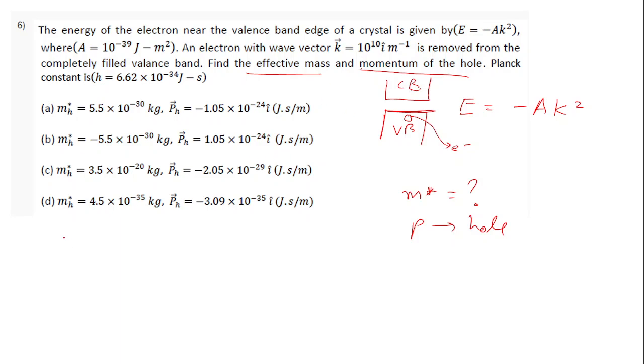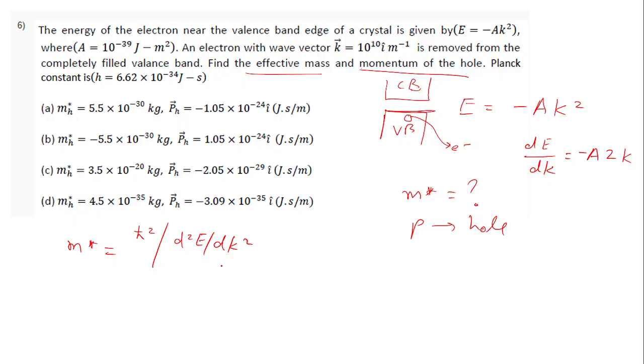So the formula for effective mass of electron is h bar square divided by d2E by dk square, that is the double derivative of the energy expression. Here E is minus ak square. If I take the first derivative with respect to k, minus a is constant, derivative of k square means 2k.